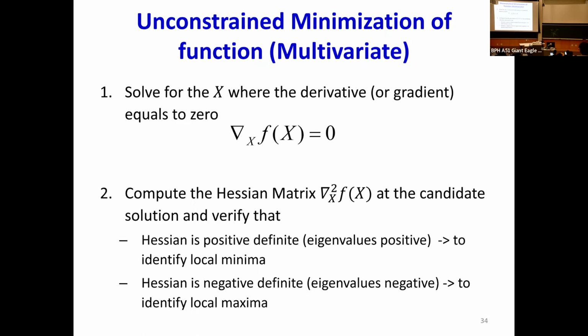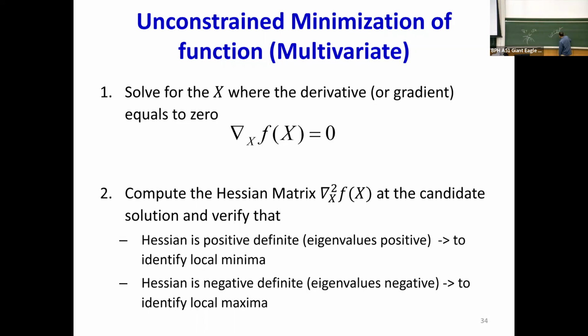And so if I want a strict minimum, where regardless of the direction, just to give you an idea, if I have something like this, I'm trying to draw a saddle shape. I'm not being very successful at it, right? Then if I walk in this direction, this is a minimum.